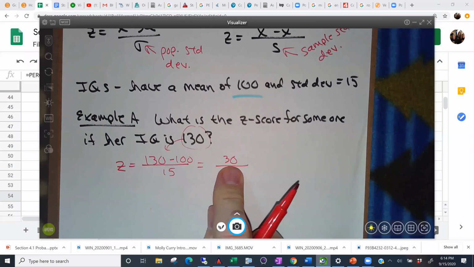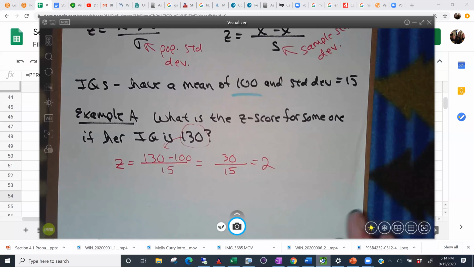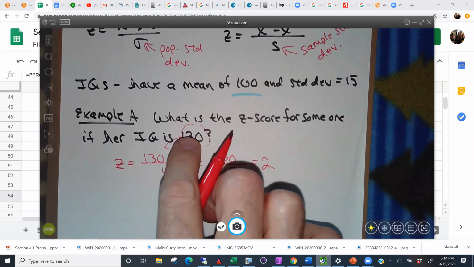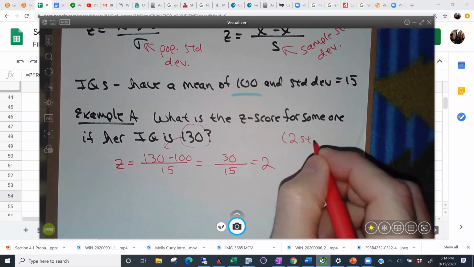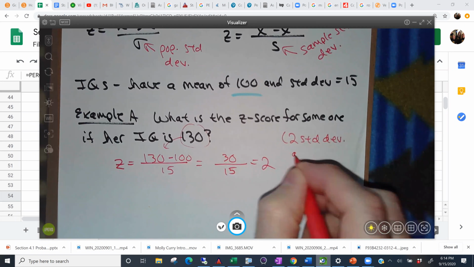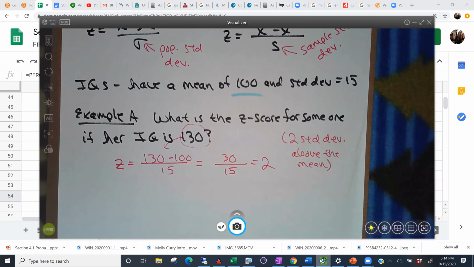That's what the numerator is telling us. Now, if the standard deviation is 15, 15 goes into 30 twice. Basically, that's saying she's 2 standard deviations above the mean. So it's telling you how this person is positioned relative to the rest of your data. Nice.